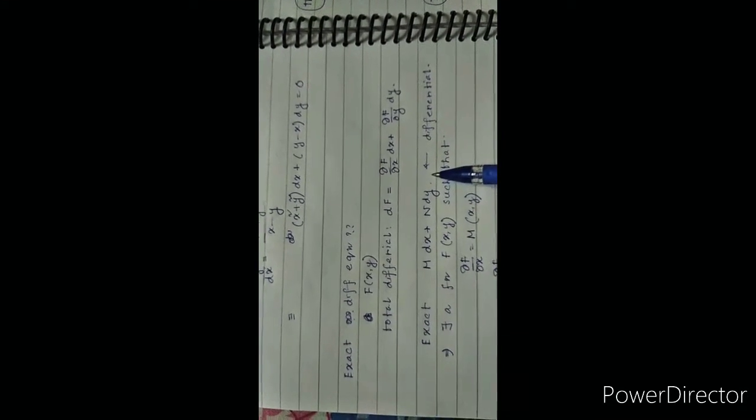So I am again repeating, this type of expression is called exact if there is a function f such that this differential expression can be written as the total differential of f.